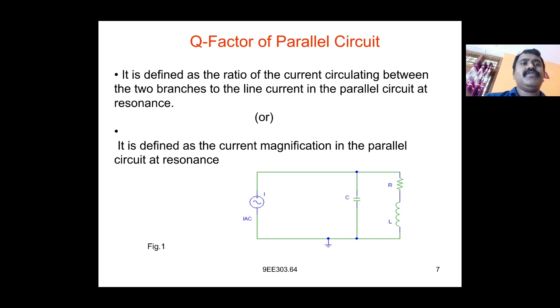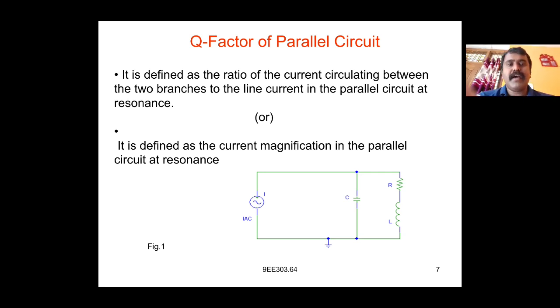It is defined as the ratio of the current circulating between the two branches to the line current in the parallel circuit at resonance, or it can be defined as the current magnification in the parallel circuit at resonance. So in the case of the parallel circuit the current can increase, so it is defined as the current magnification in parallel circuits. Here the current I flows, the capacitance is connected, and the resistance and inductance are connected.